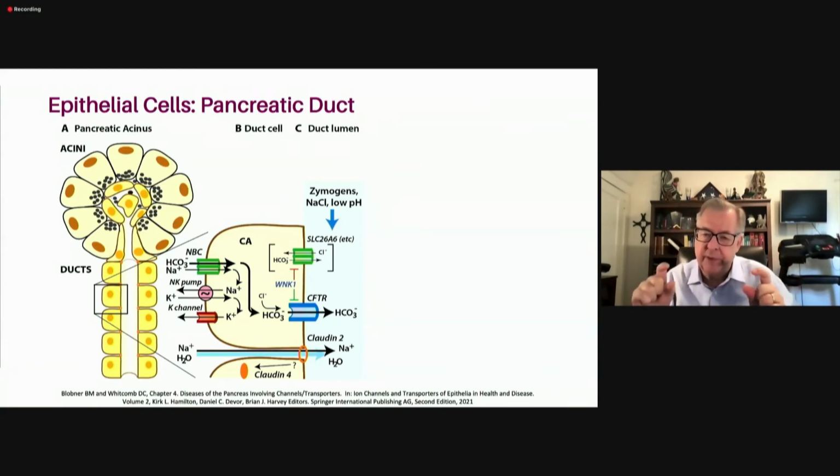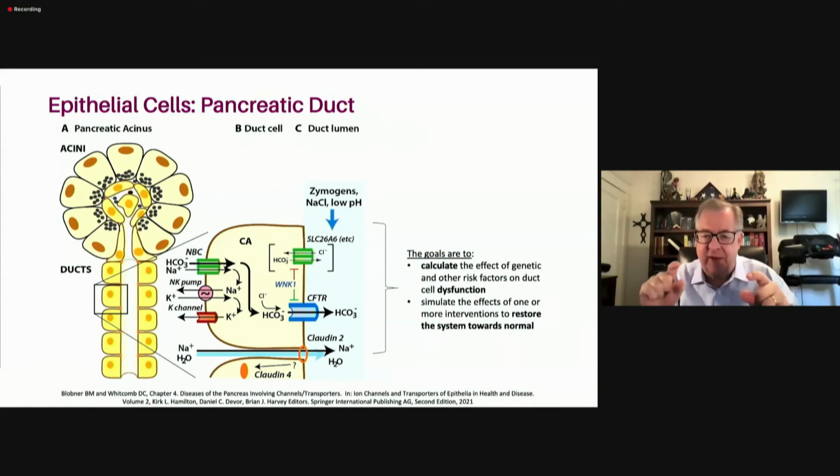And so what we would need to do is calculate the effect of all the genes and other factors causing cell dysfunction, and we can simulate the effects of one or more interventions that can actually restore the system to normal. And so in the case where a person has pancreatitis caused by CFTR variants that alters the function of the duct cells, we know what to target in order to improve this person's life and prevent them from developing a disease that no one can cure.